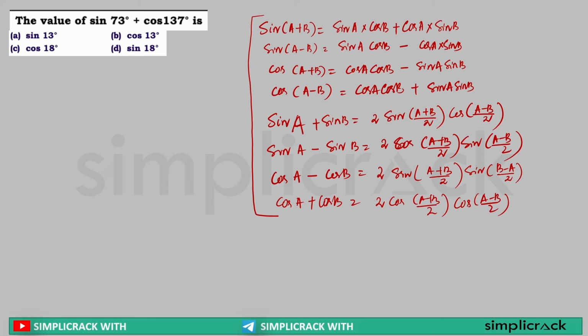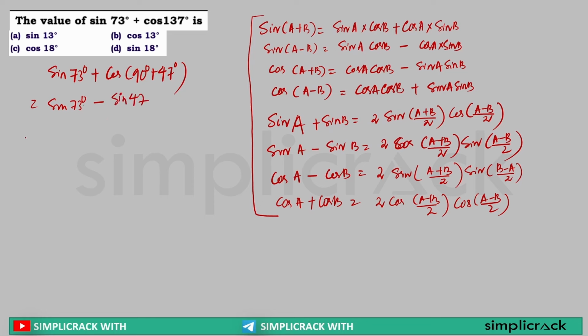Now here in this question, sir, here it has said sine 73 degree plus cos 137 degree. It can be written as sine 73 degree plus cos 90 degree plus 47 degree. Yes or no? Yes. This can be written as sine 73 degree minus, since it is in the second quadrant, this will be minus, cos 90 degree plus theta, that is equal to sine theta.